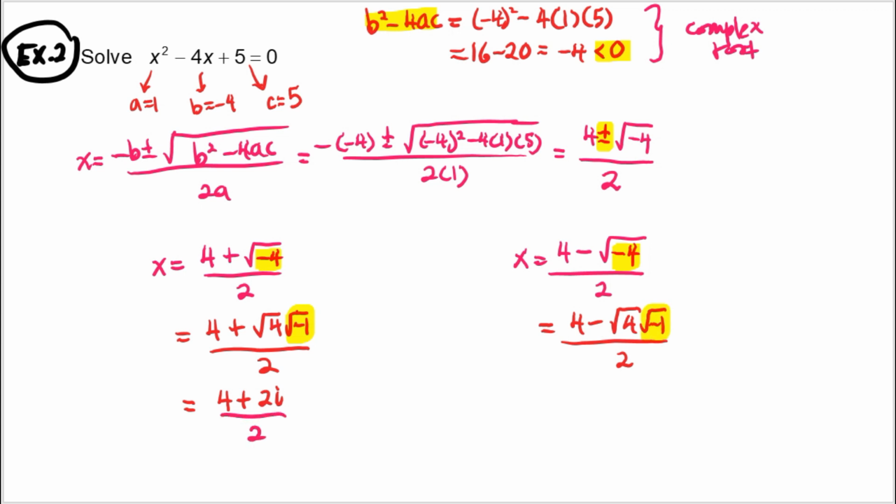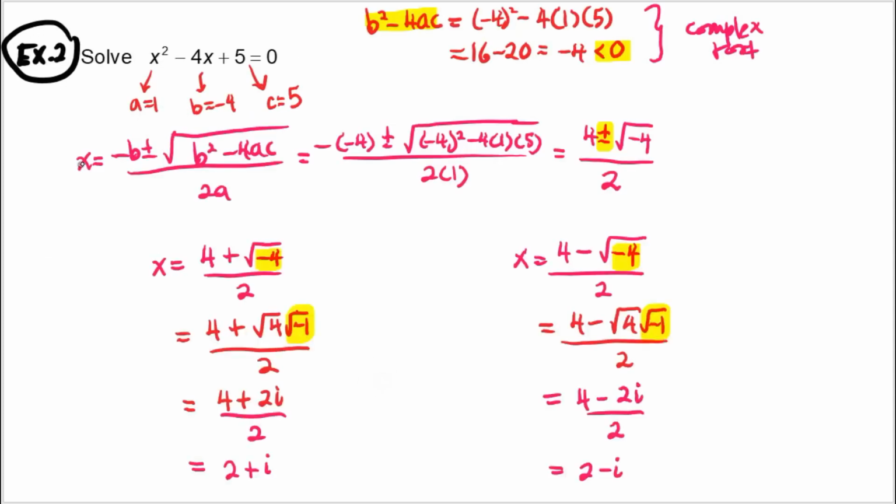So this is 4 plus 2i divided by 2, and we have this one as 4 minus 2i divided by 2. Now you divide by 2, therefore you'll have 2 plus i, and this one is 2 minus i. So we have two solutions here, right? And these solutions of x are in complex numbers. We have complex roots.